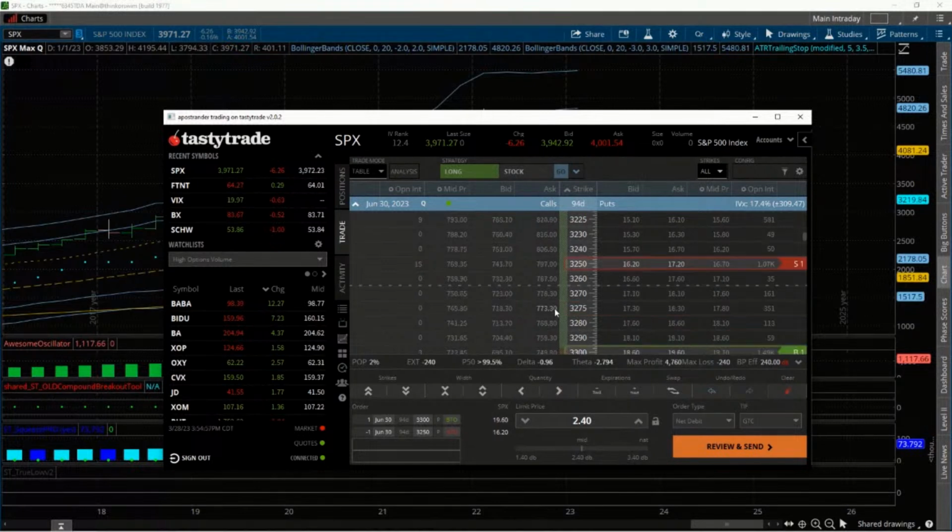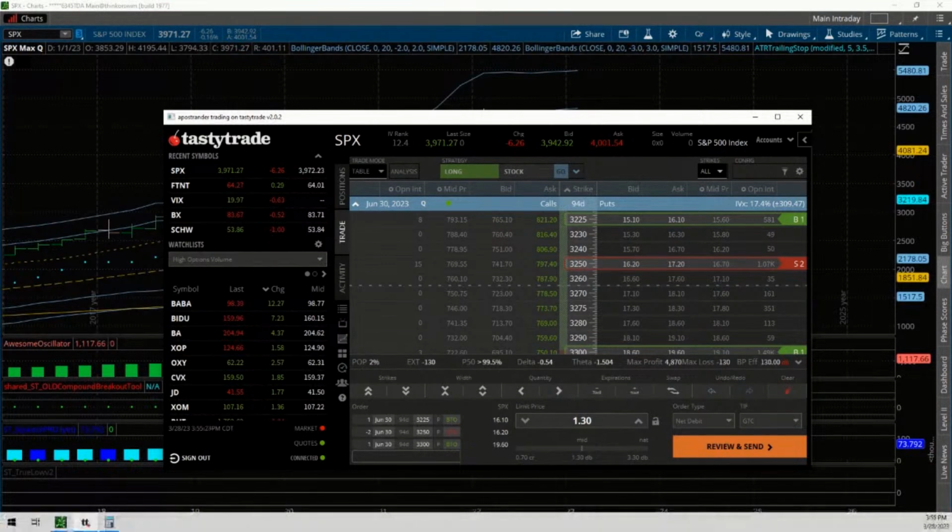You could also look at setting this up as a debit broken wing butterfly, very much like the trade I already have on. If we did a 50, 25-point spread, it's about $1.30 capital risk, similar to the risk that I already have on that 3,500 butterfly. The max profit potential for this one is $4,870. Excellent risk versus max profit potential reward.